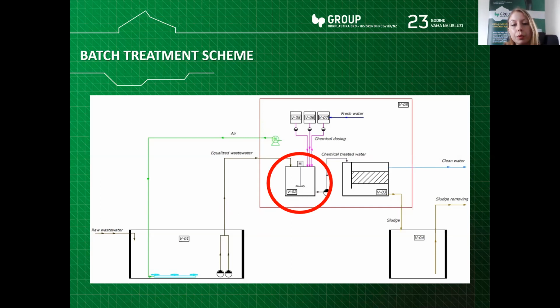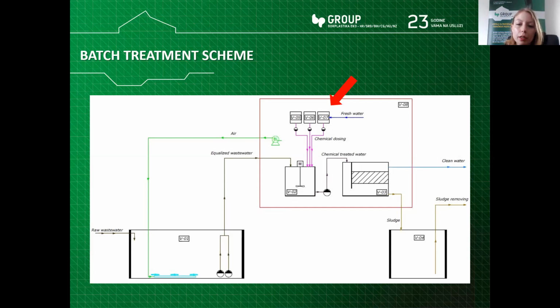The reactor is equipped with a mixer that mixes water with chemicals. Of course, we also have coagulant, polymer, and acid or base for pH, to make the pH value that we need for this water.